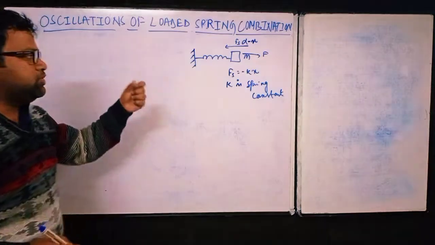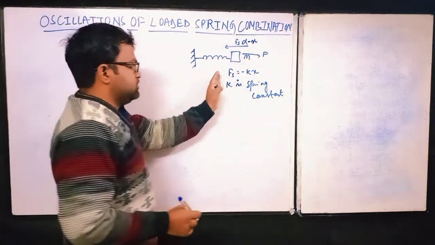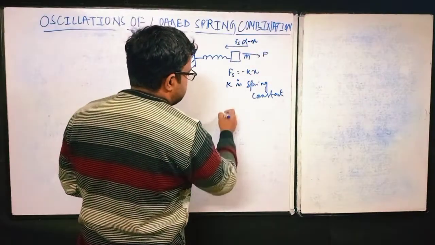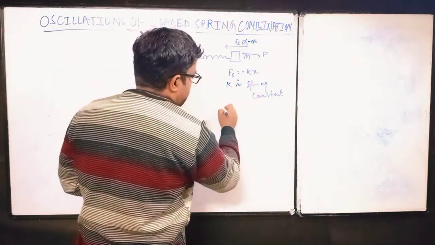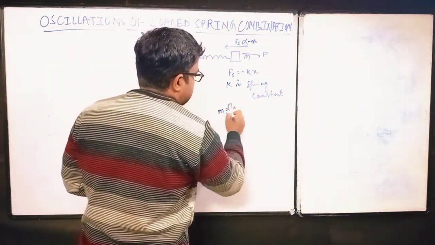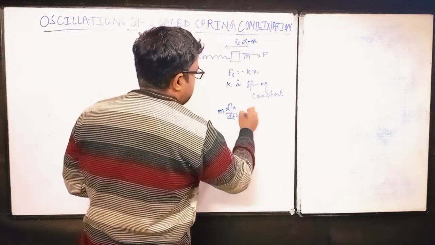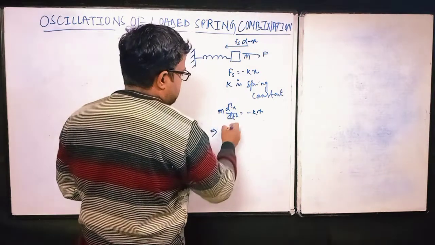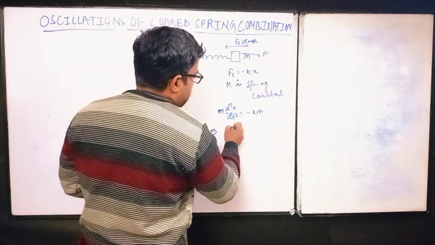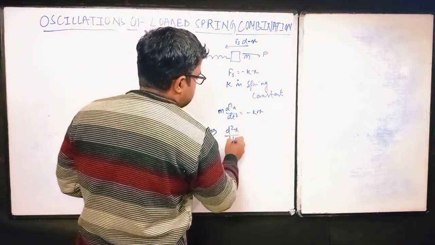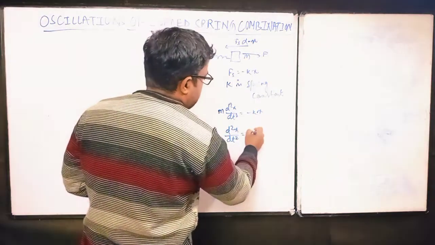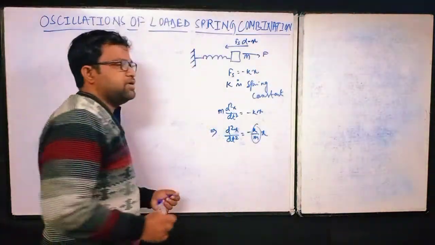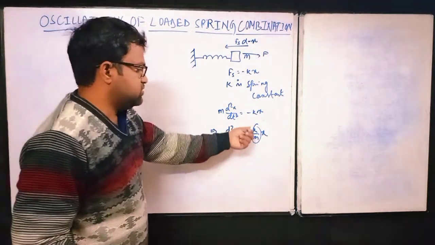Now we know that this force is also equal to mass into acceleration, so we can write that this restoring force is m d square x by dt square equal to minus kx. Or you can simply write, this is your acceleration, d square x by dt square is equal to minus k upon m x. This minus k upon m we can consider as omega square.